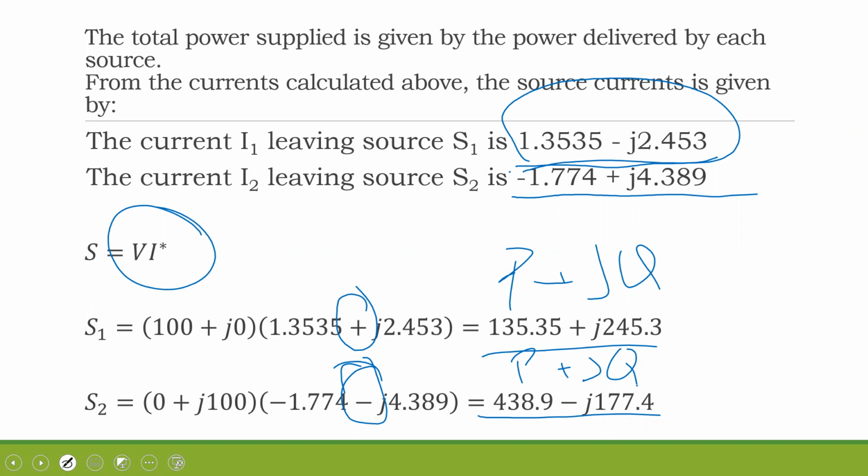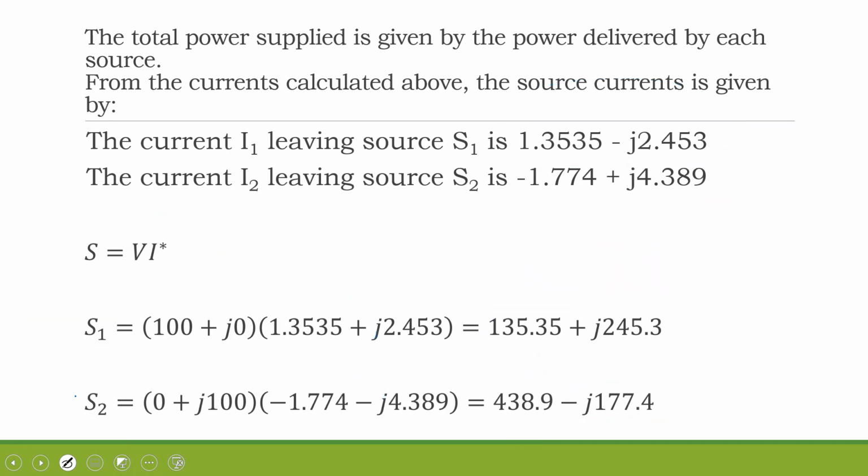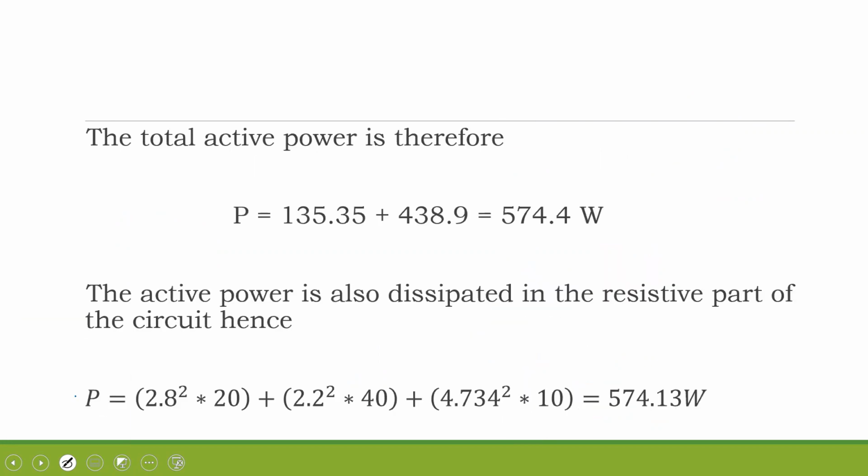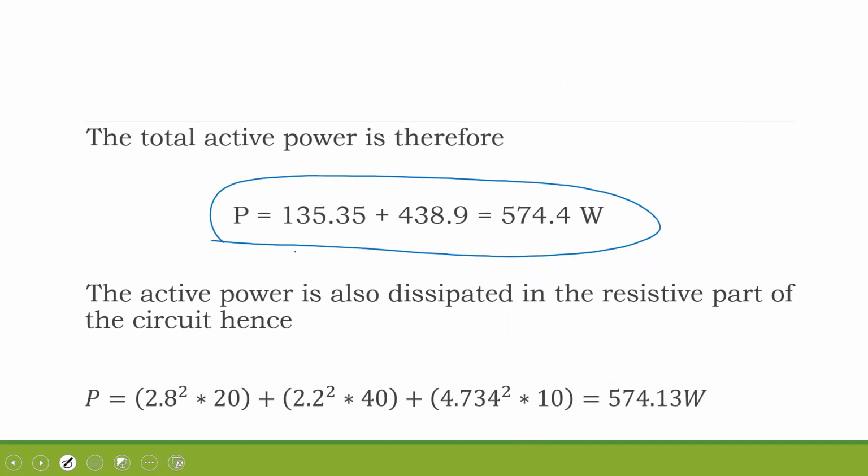And we are going to now confirm that. So in terms of the question that I asked about the total active power in the circuit, which would simply be the sum of these two. So once we have done that, that's our P.